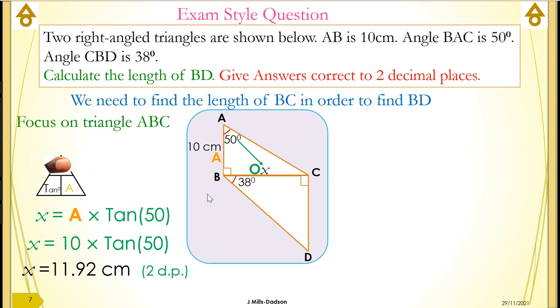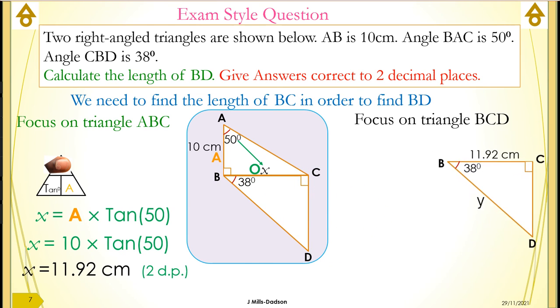So knowing BC as 11.92, we can now focus on BCD. And let's pull it aside so that we can see clearer here. So BC, as we had here, is 11.92. Now we can start doing trigonometry again. Labeling the sides, given angle 38. That's the hypotenuse.